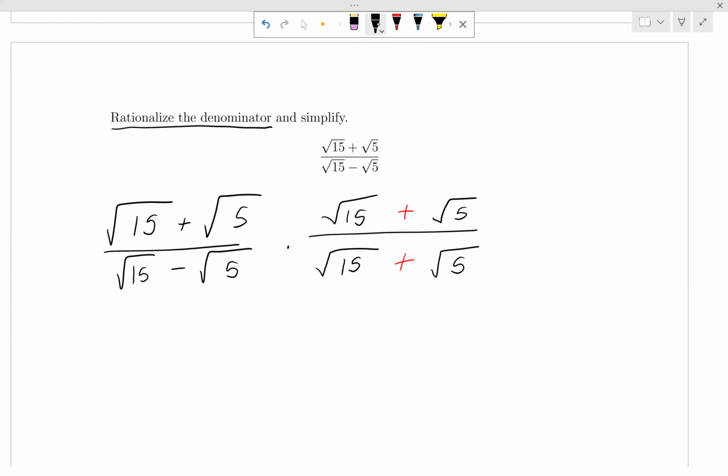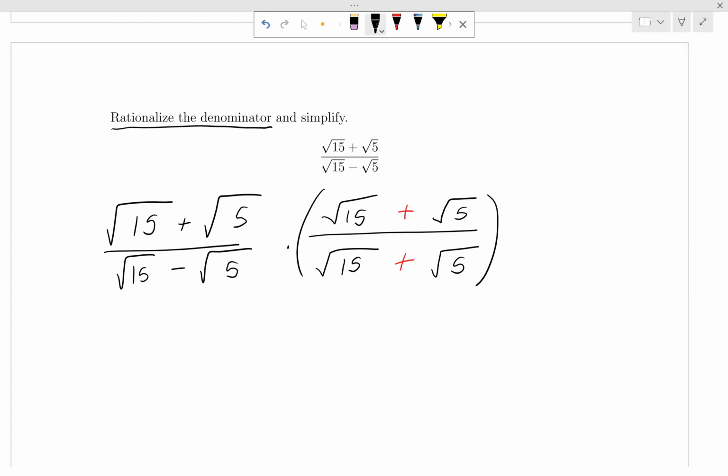All right. This that I'm putting in parentheses has the same thing on top as the same thing on bottom. So it's like multiplying by 1. So I'm not changing the expression any. I'm multiplying by 1. But what's going to happen is my denominator is going to be a number. It's not going to be square roots anymore.